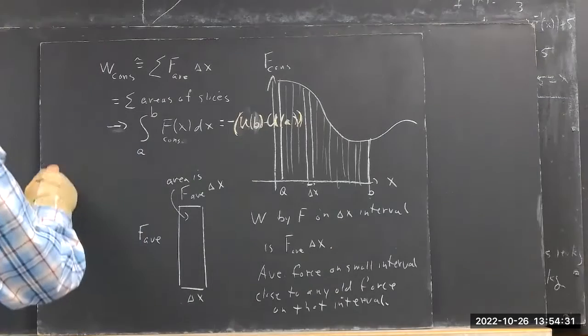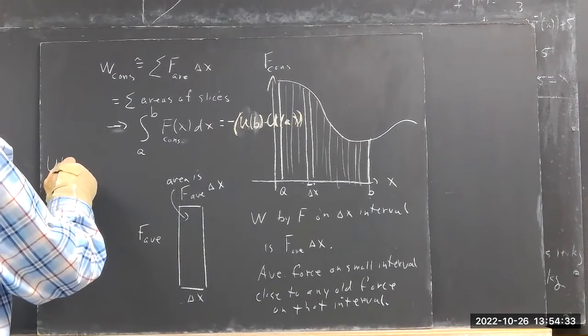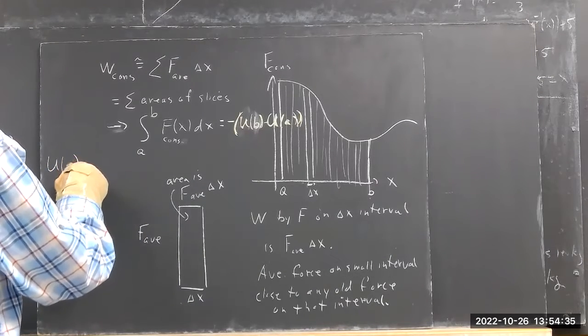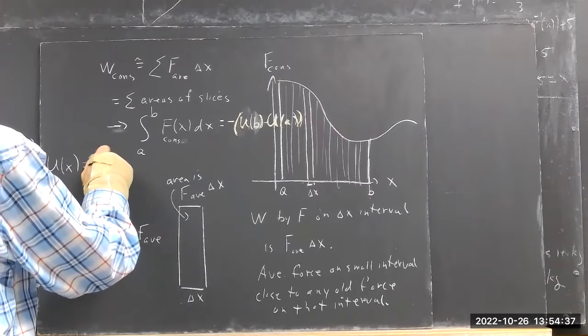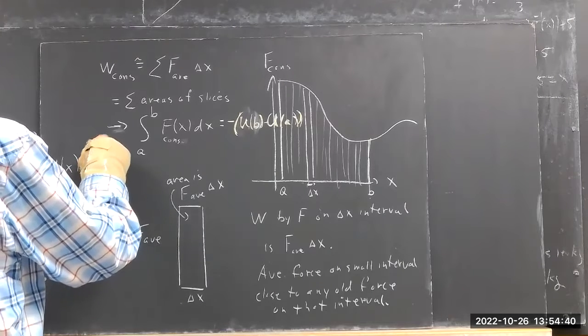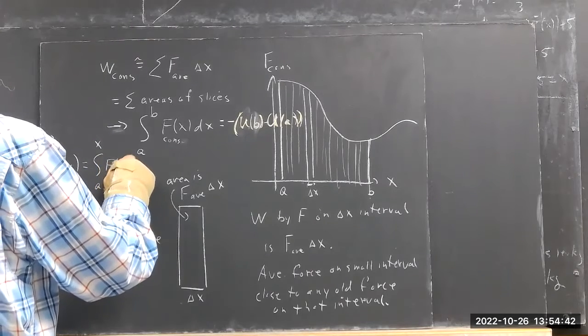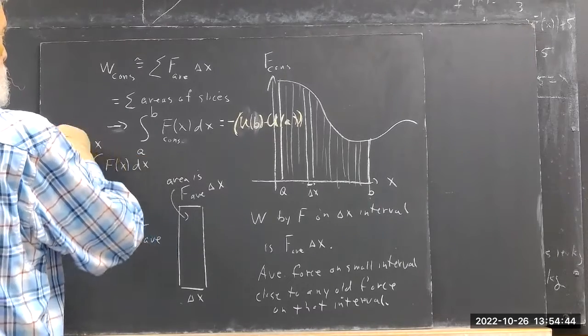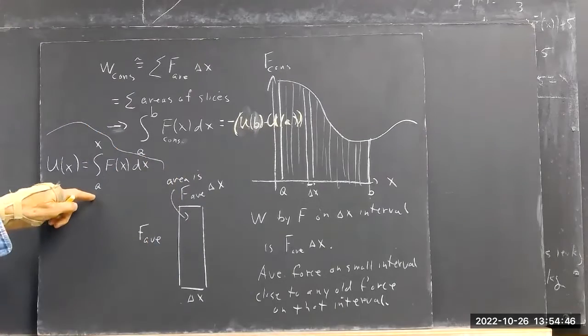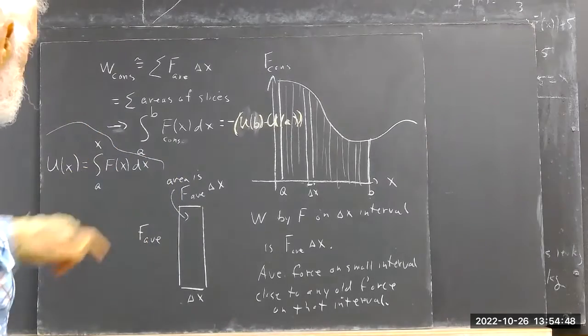So that U of X would be the integral from A to X of F of X dx.